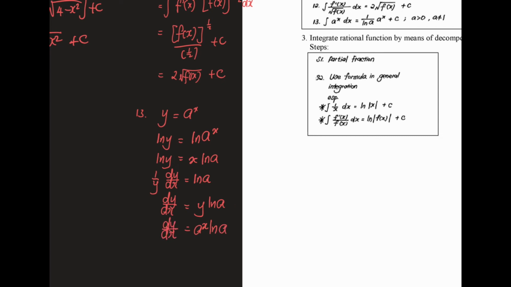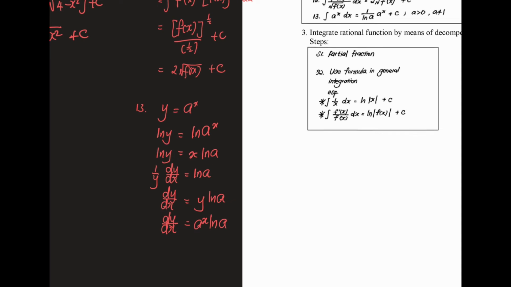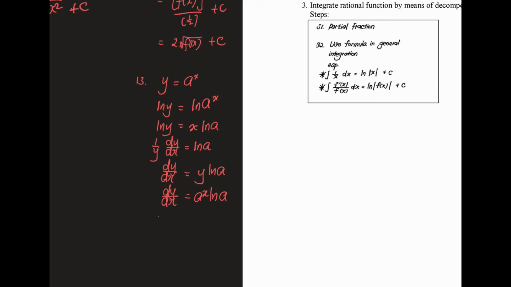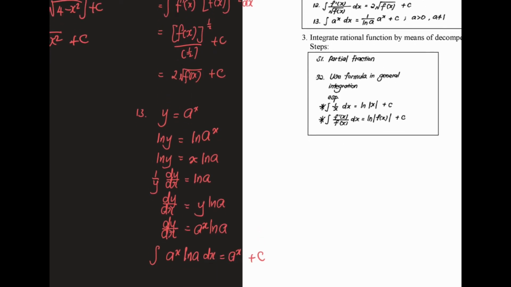Now how is this related to the formula in number 13? We know that when we integrate dy dx, then we will get y. Now I divide by ln a on both sides of the equation.